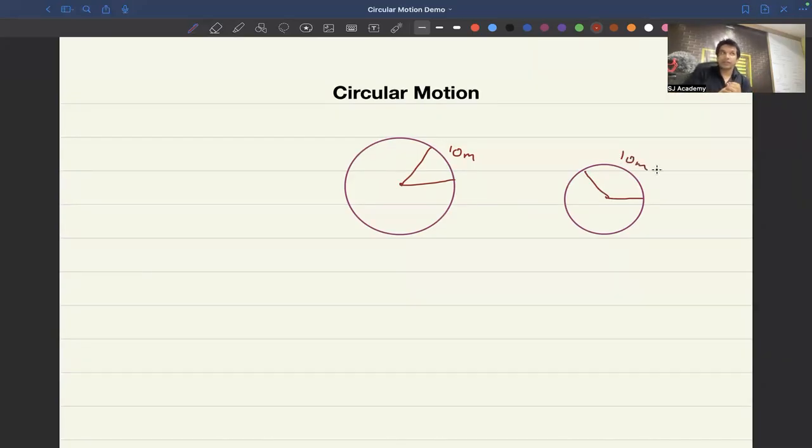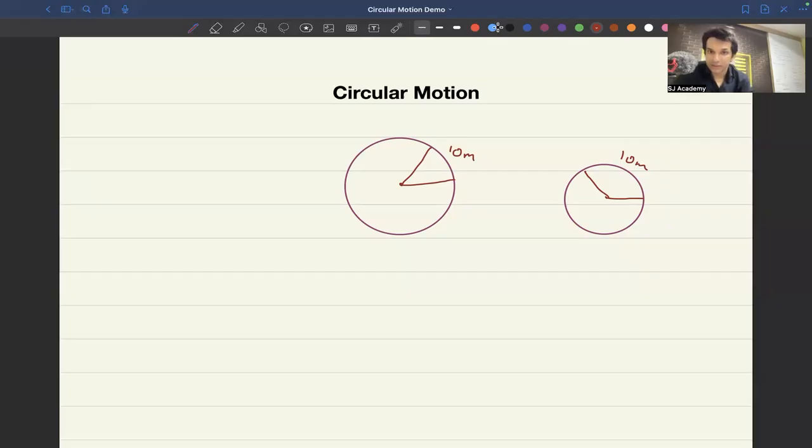Or if it's an even smaller circle, that could also mean it revolves around the circle two or three times. So it is more convenient to measure the change in terms of the change of angle, because the angle change gives a correct representation of how much a point has moved on a circle.